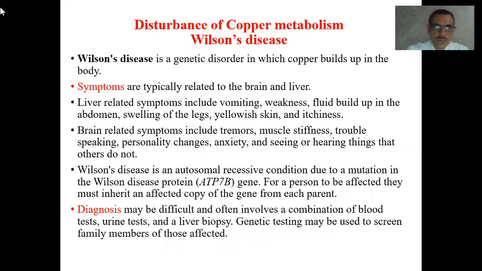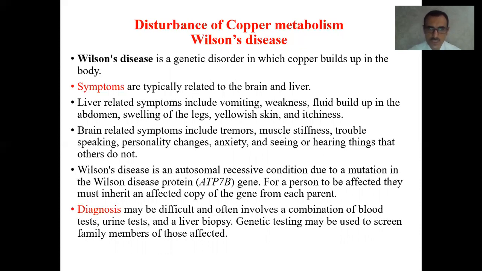The disturbance of copper metabolism is mainly found in Wilson disease. Wilson disease is a genetic disorder in which copper builds up in the body. Symptoms are typically related to the brain and liver. The liver-related symptoms include vomiting, weakness, fluid build-up in the abdomen, swelling of the legs, yellowish skin, and itching.